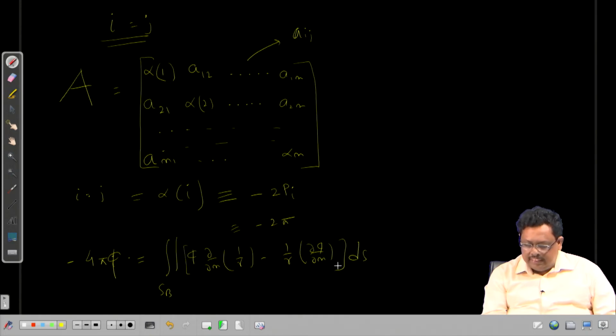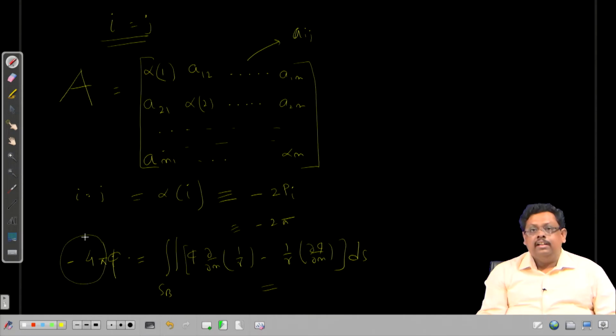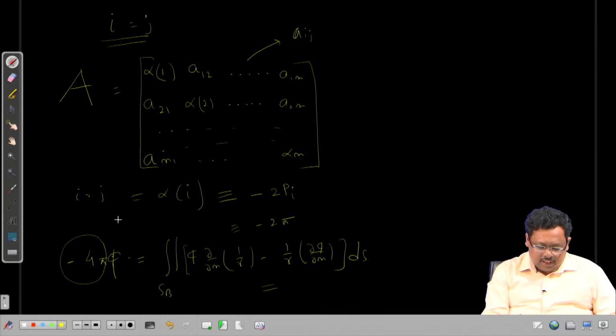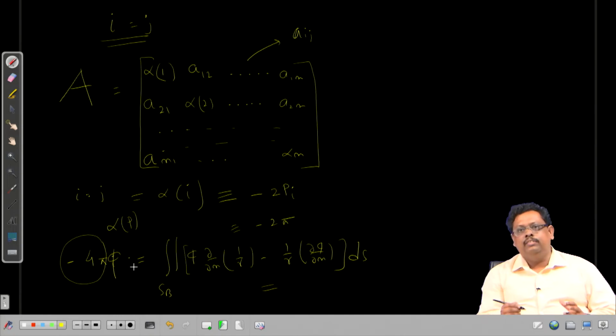From this equation, I replace this by the solid angle, which is alpha. Now, when i equal to j, this value of alpha becomes minus 2 pi.